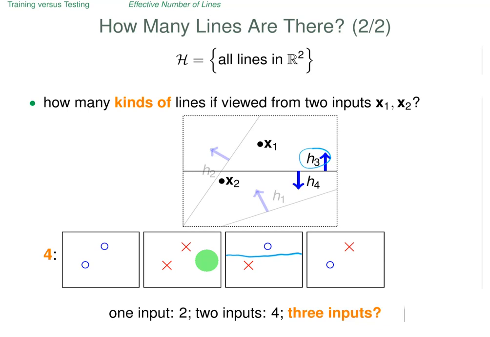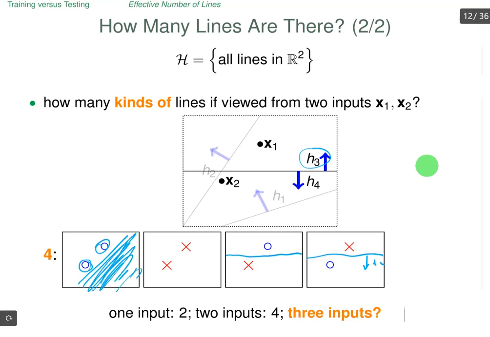And H4 again could be another hypothesis. So again, all the hypotheses that will provide these labels, we're grouping by kind. So if viewed from the eye of the points, they mean the same one hypothesis, right? Same labels.